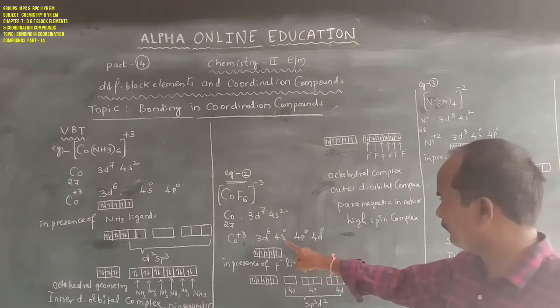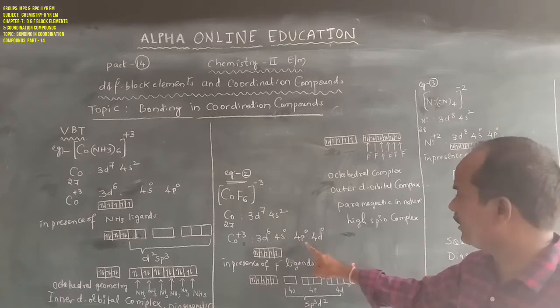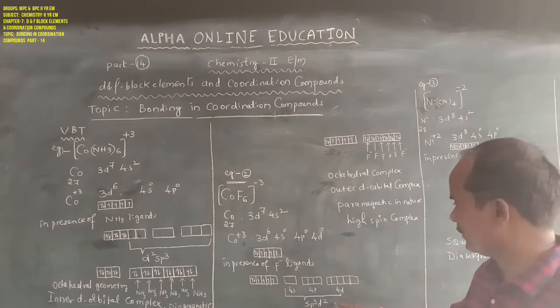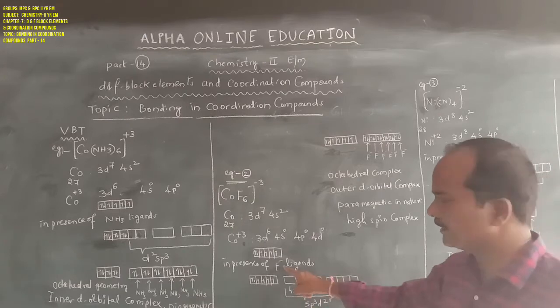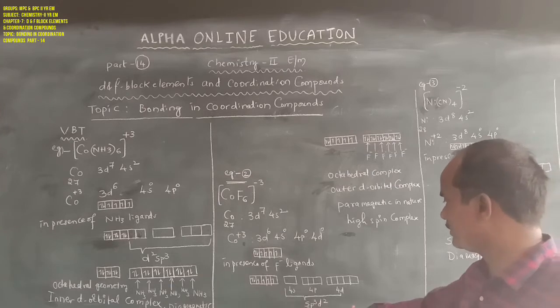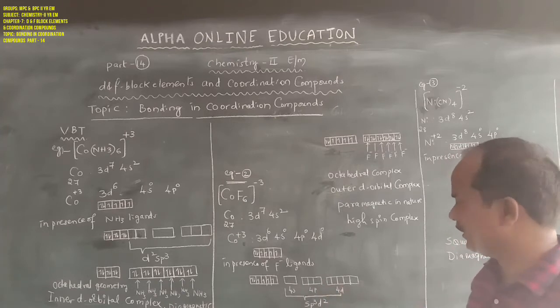The 4s orbital, 3 4p orbitals and 2 4d orbitals are involved in hybridization. That hybridization is called sp3d2: 1 s orbital, 3 p orbitals, 2 d orbitals.